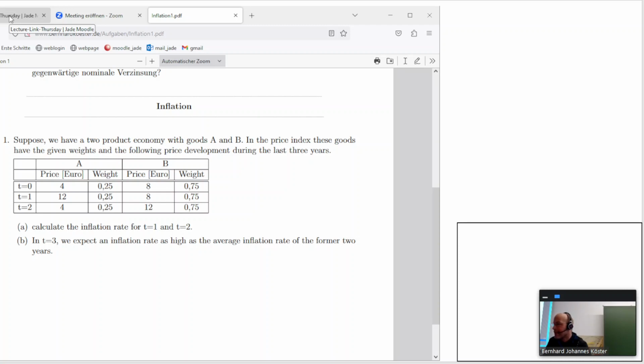It's nothing else than calculating growth rates. To my surprise, in my exams, if I pose a question about growth rates, the performance of the students is quite good. If I pose questions about inflation, which is conceptually the same mathematics behind it, the outcome is much worse. I don't know why. Well, we will see.